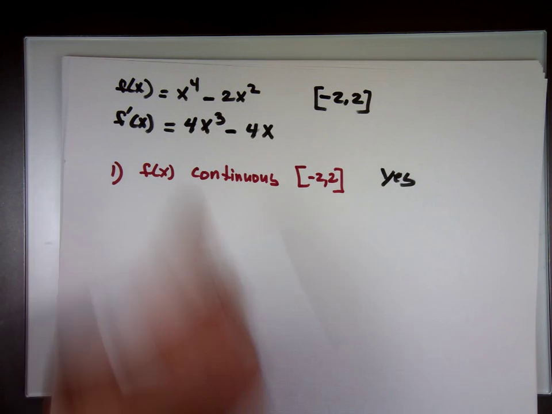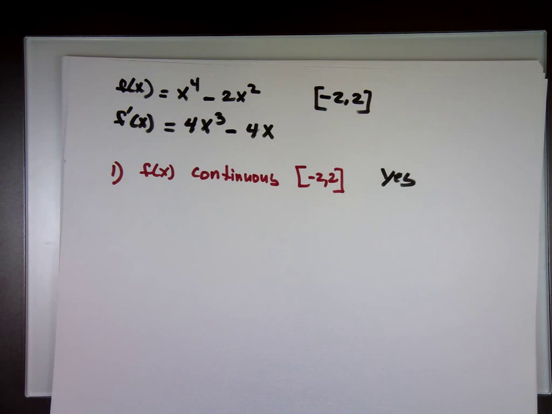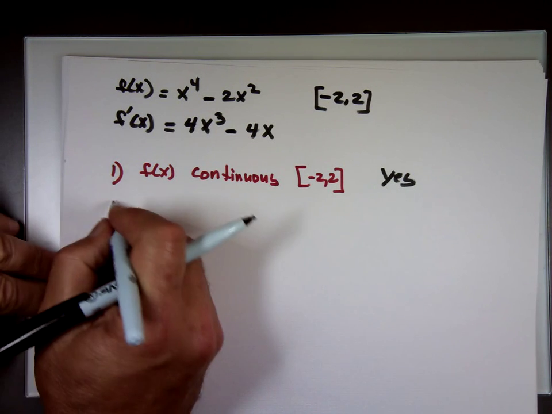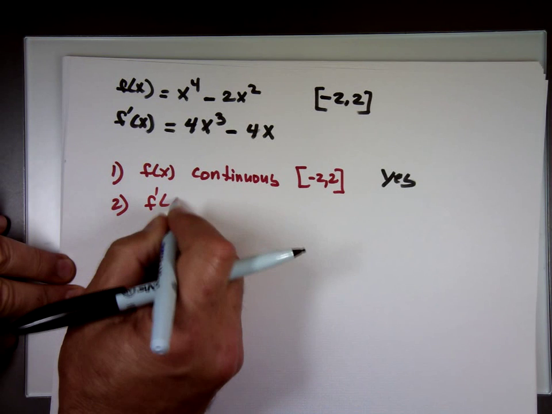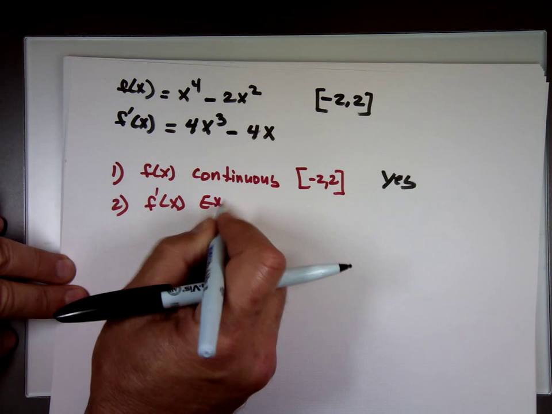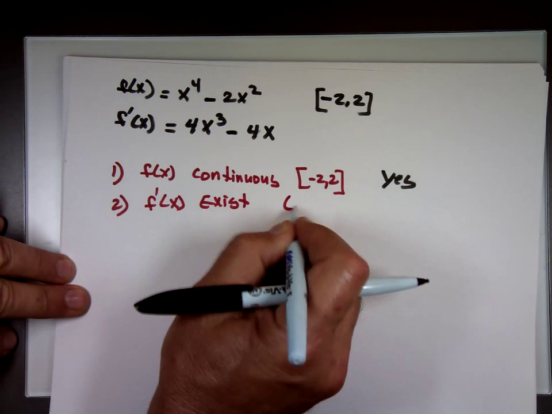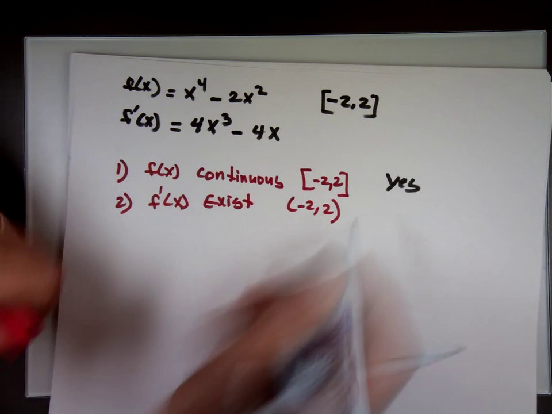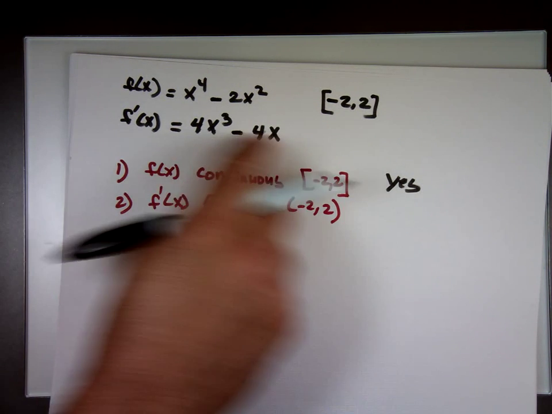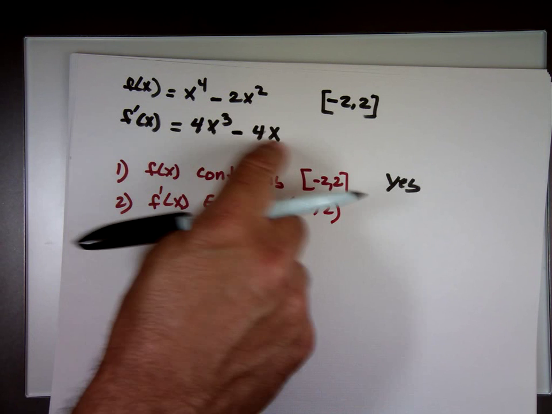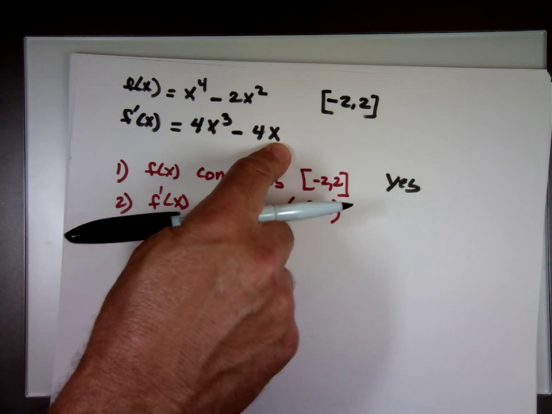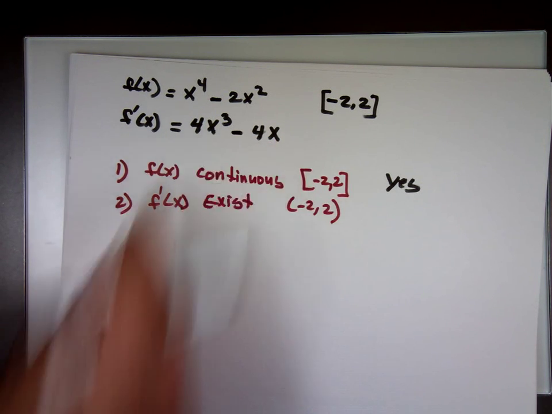We don't have that here. How about the derivative? Does the derivative exist from negative 2 to 2? There's your derivative. Is there a value for x where the derivative will be undefined? No. So yes, the derivative exists.